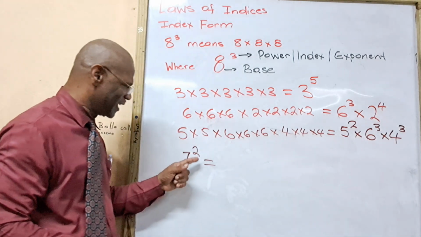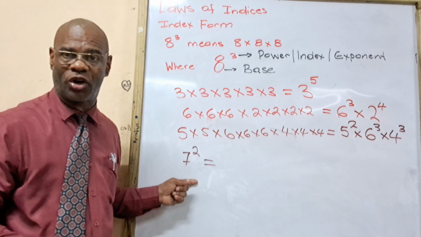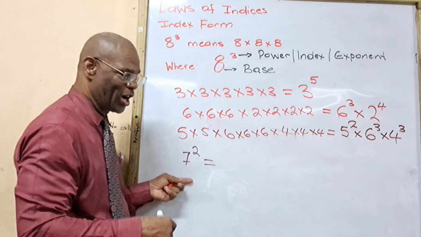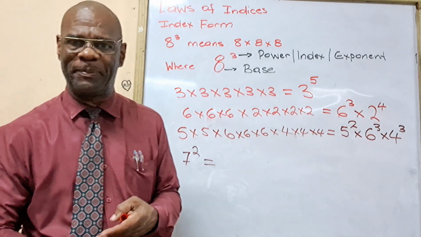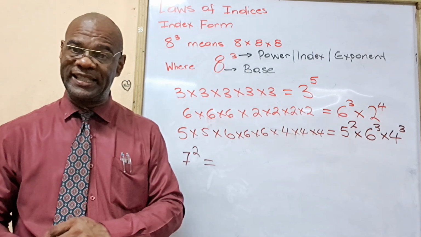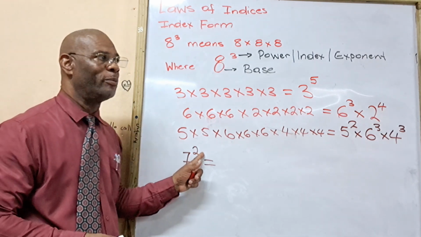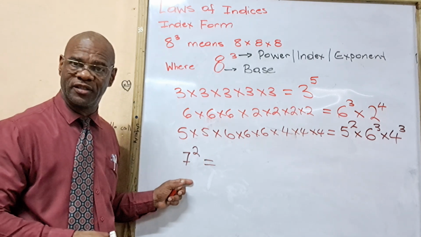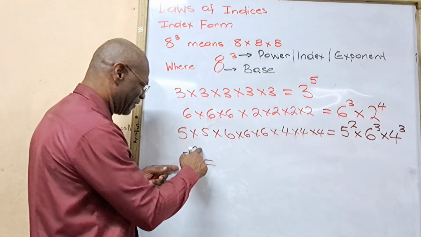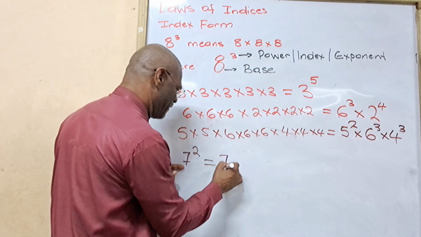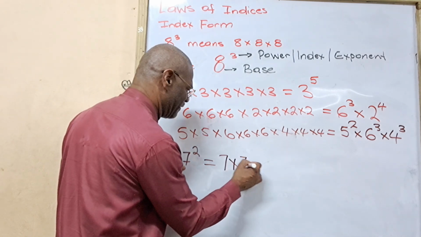The index tells us how many times the base occurs. Right? Because you have some students who make the mistake of multiplying the base by the index. That's not what we're doing. The index tells us how many times the base occurs. Right? And so we have the base occurring twice. So that's 7 times 7.